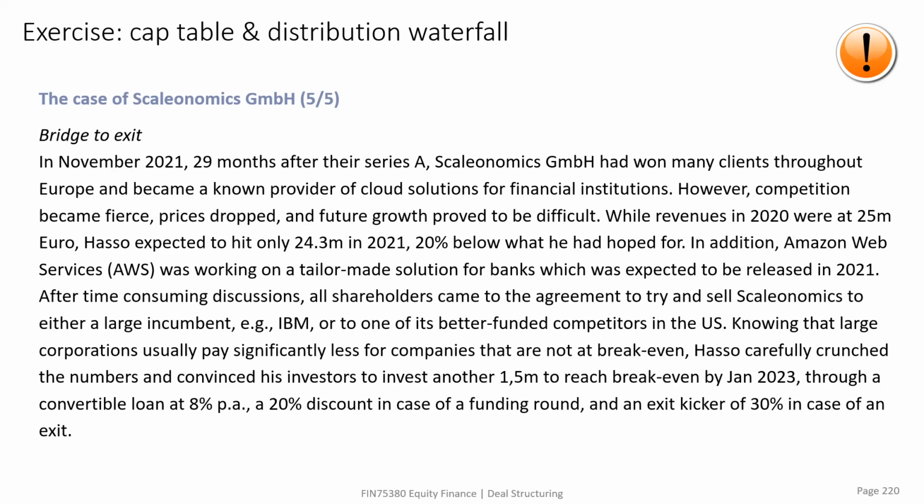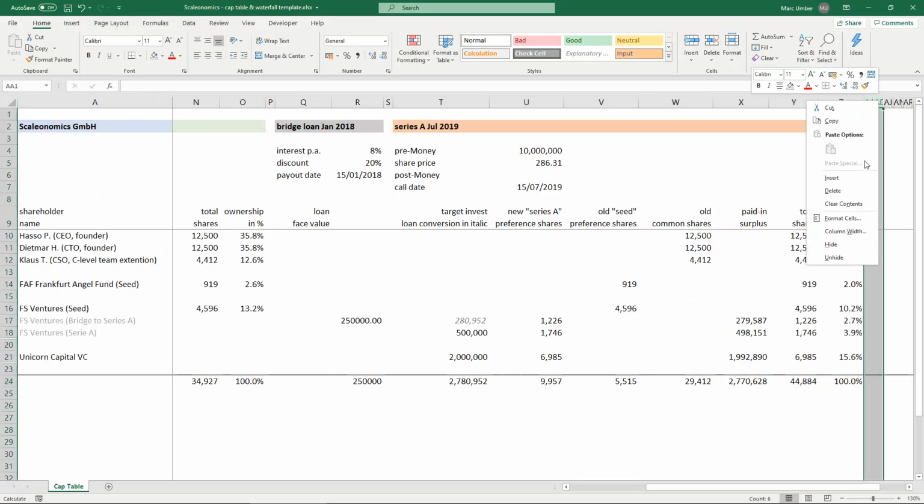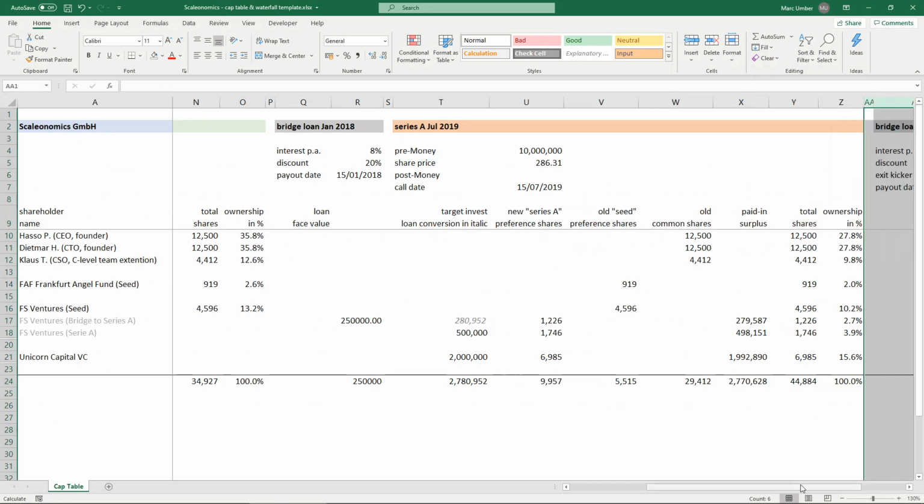Now, knowing that large corporations usually pay significantly less for companies that are not break-even, Hasso carefully crunched the numbers and convinced his investors to invest another 1.5 million euros to reach break-even by January 2023. Through a convertible loan at 8% interest, a 20% discount, and an exit kicker of 30% in case of an exit. Let's take a look how this will change our cap table.